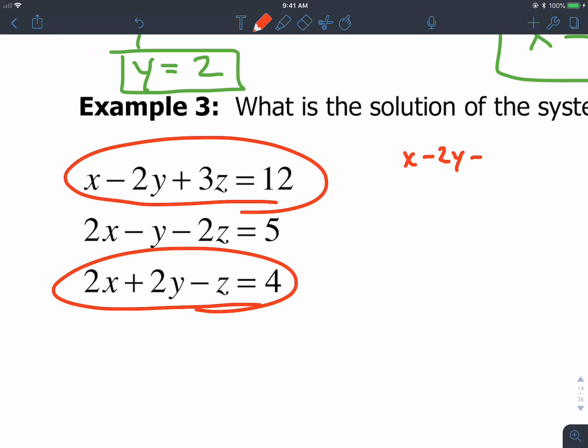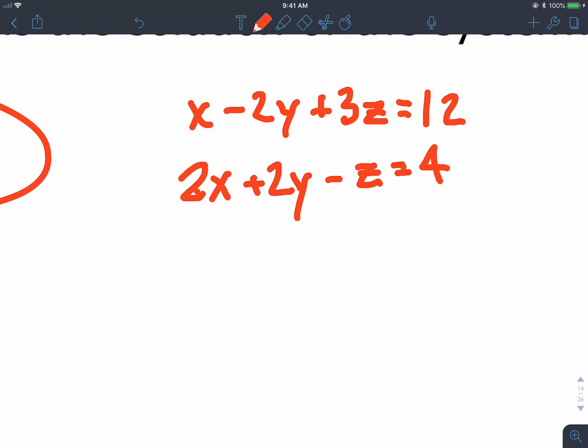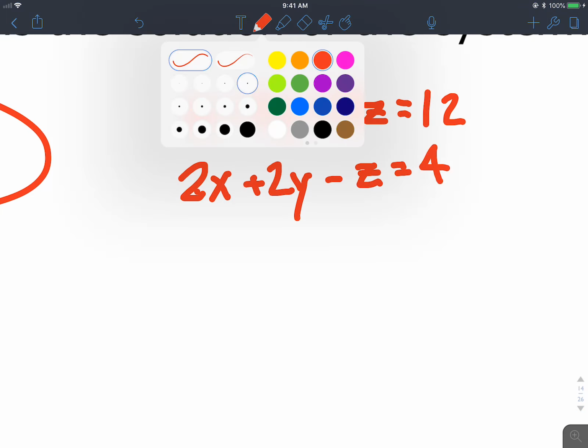Plus 3z equals 12, and then 2x plus 2y minus z equals 4. But actually, you know what? Now that I'm looking at these two equations, these y's are going to cancel out pretty easy. So you could choose that there.